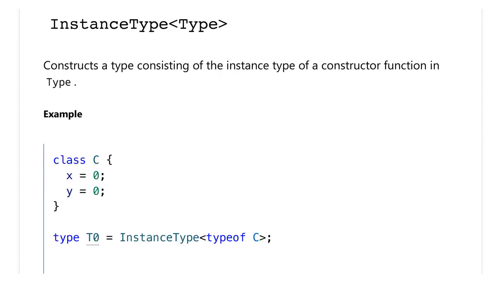InstanceType. Constructs a type consisting of the instance type of a constructor function in Type.